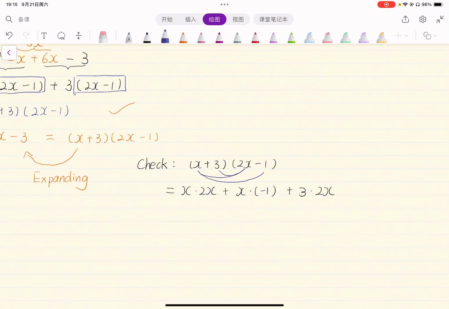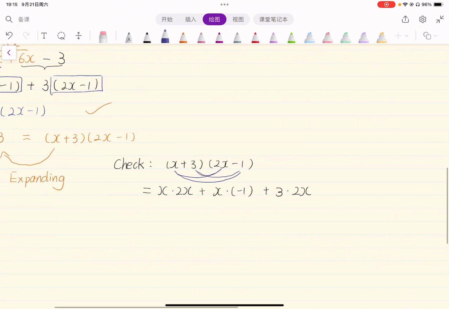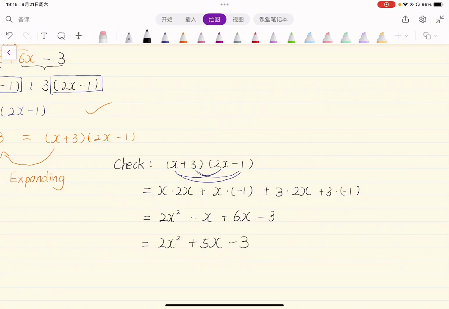And the fourth one is plus 3 times minus 1. So we rearrange that, we get 2x squared minus x plus 6x minus 3. We get 2x squared plus 5x minus 3.